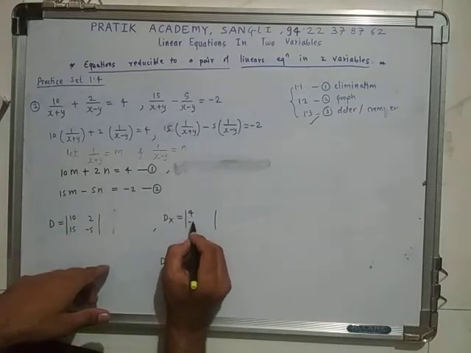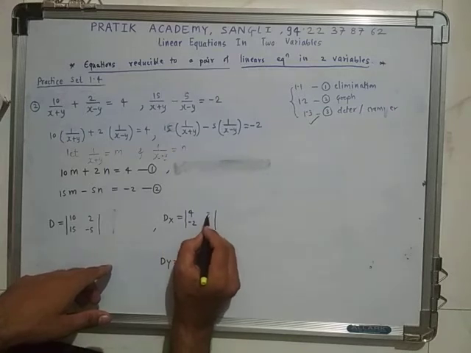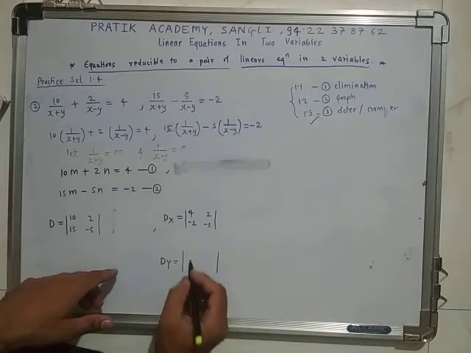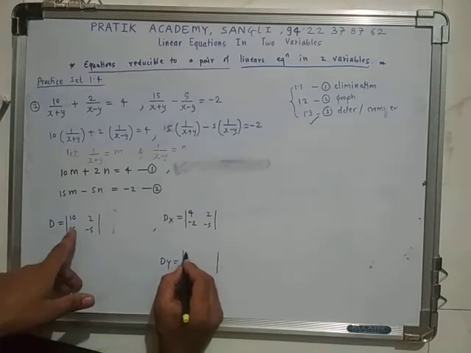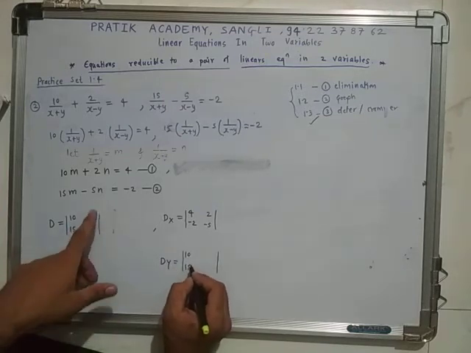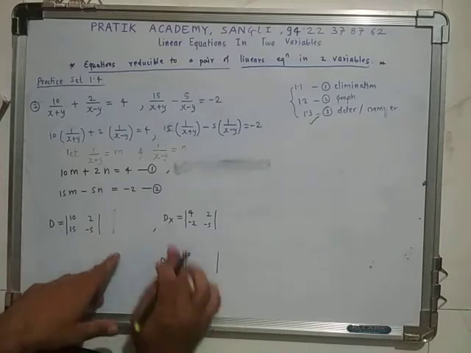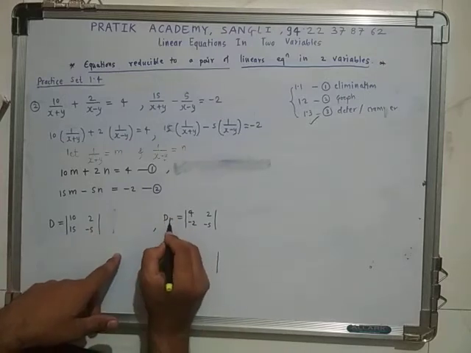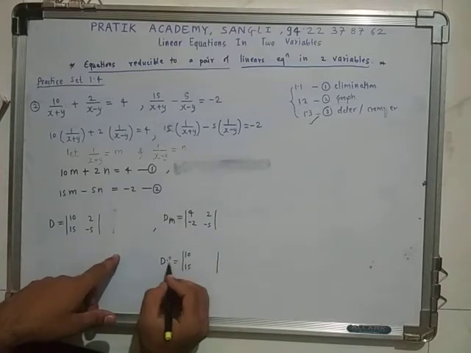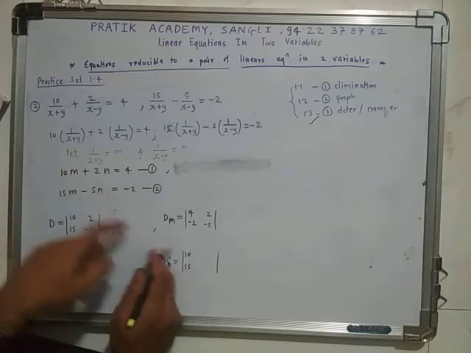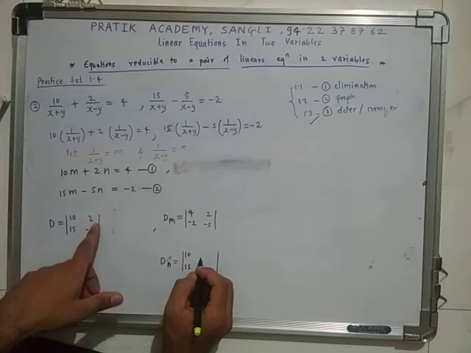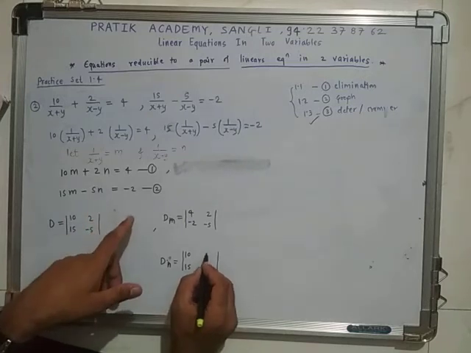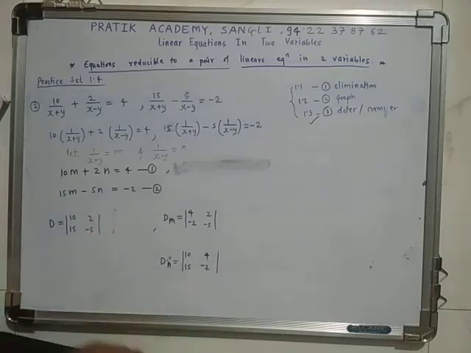So 4, minus 2 and this 2, minus 5 as it is. While writing Dn, first terms are as it is, but coefficients of n are replaced, because our variables are now m and n. So 10, 15, instead of 2, minus 5 we have to write 4, minus 2.